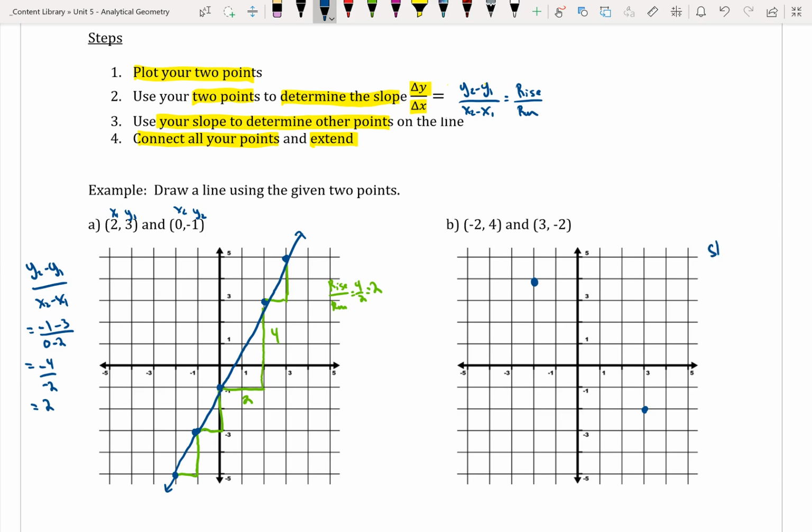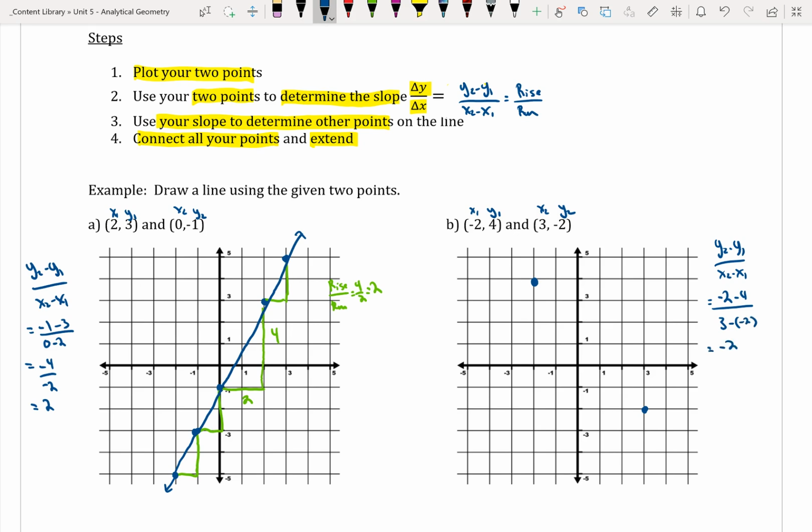So for our slope, we're going to use the formula, y2 minus y1 over x2 minus x1, with x2, y2, x1, y1. So negative 2 minus 4 over 3 minus negative 2.